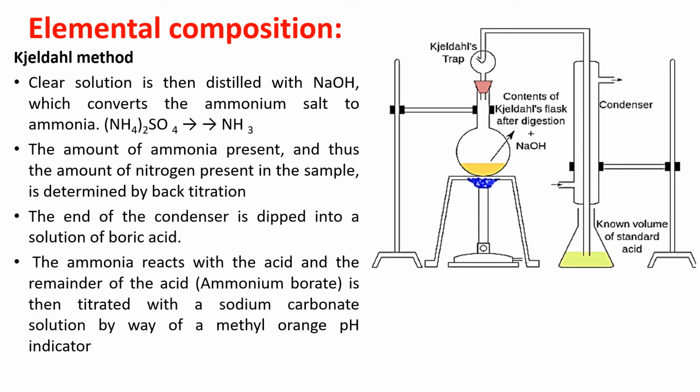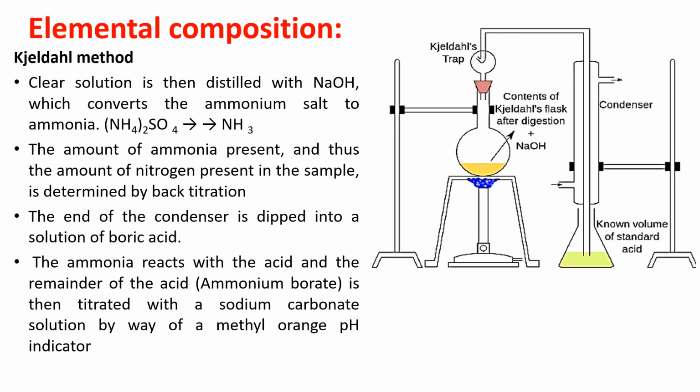Now, our job is to determine how much ammonium borate is formed. Initially, we will be adding a sufficient amount of boric acid. So suppose 100 molecules of boric acid, just a hypothetical example. If you have added initially 100 molecules of boric acid, and only 20 molecules of boric acid are remaining, that means 80 molecules have formed a bond with ammonia.